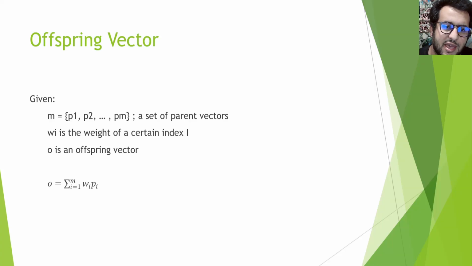So in this multi-parent recombination method, we are essentially going to use all the parents in the set to generate one offspring. And so the weights will accumulate, so we will have a summation of the weights with the parent allele.